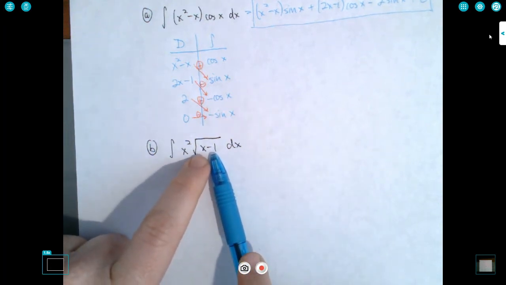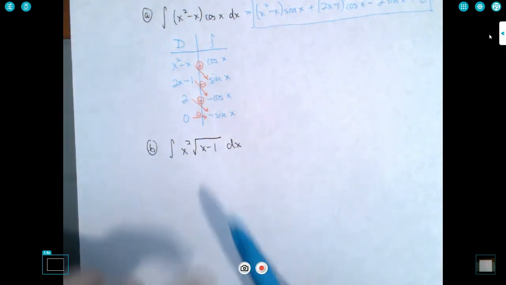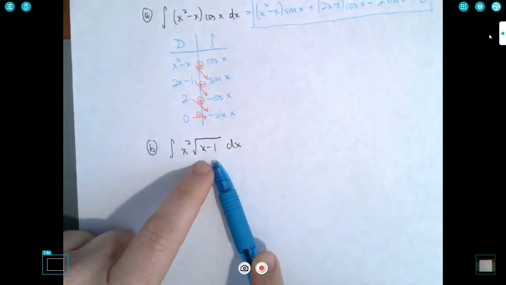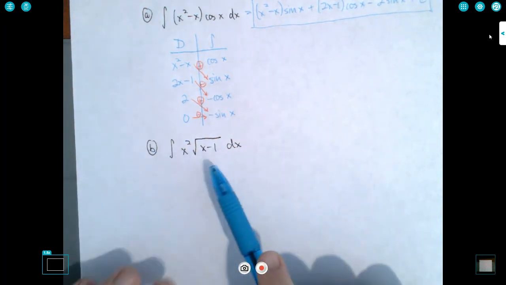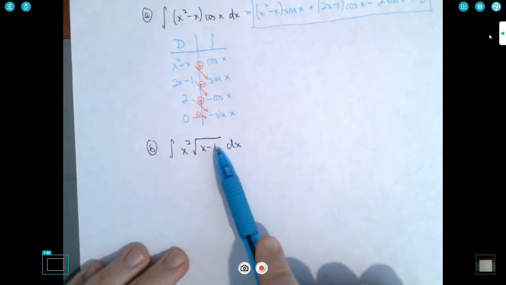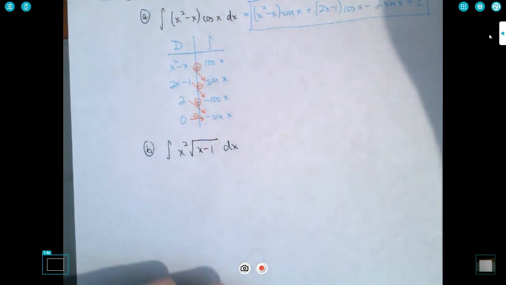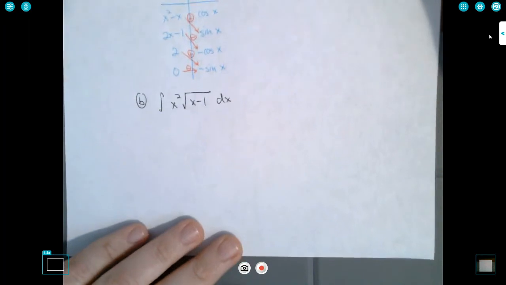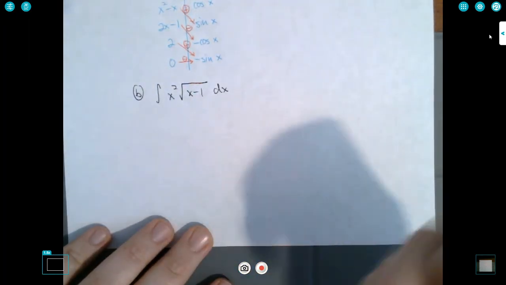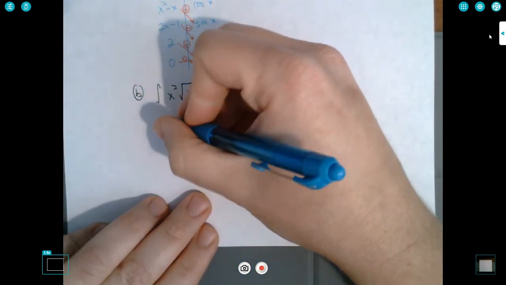And if I think about differentiating that, I'm going to get 1/2 times (x minus 1) to the negative 1/2, and if I differentiate again, I'm going to get something times (x minus 1) to the negative 3/2, and so forth. That's never going to go to 0, right? But x squared will. X squared will go down to 0 in just a couple of steps. So I'm going to let u be x squared. That's what I'm going to differentiate.